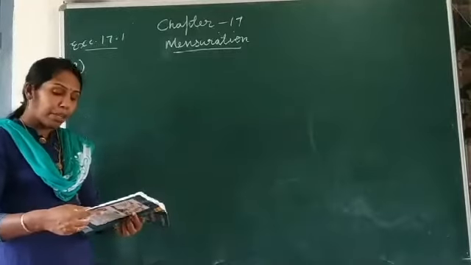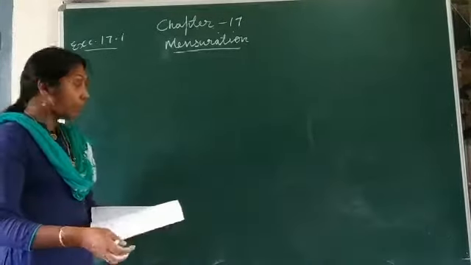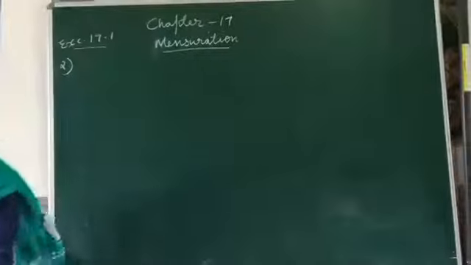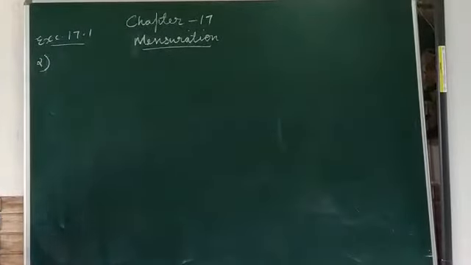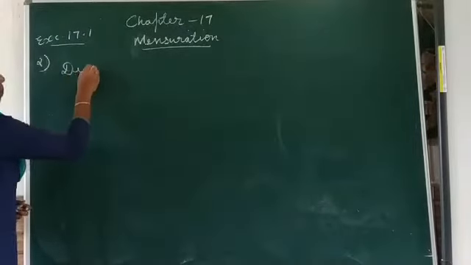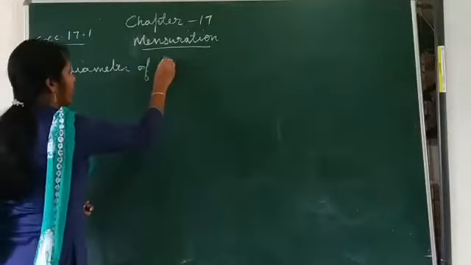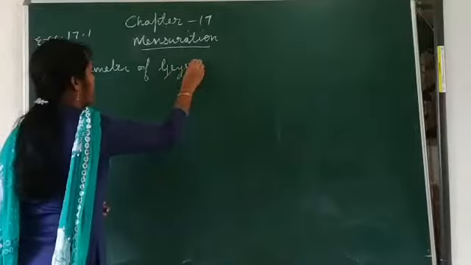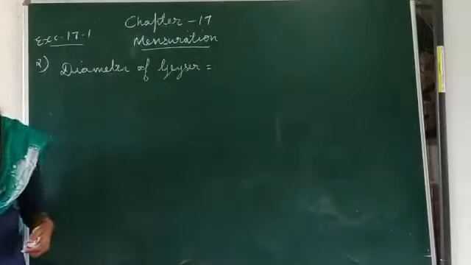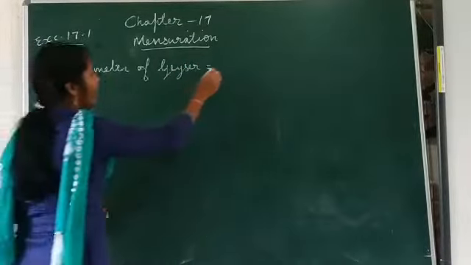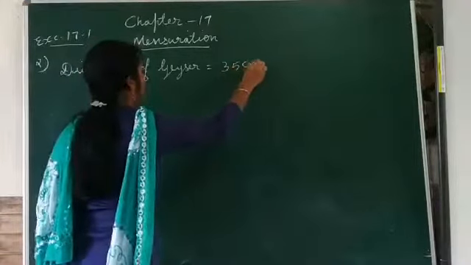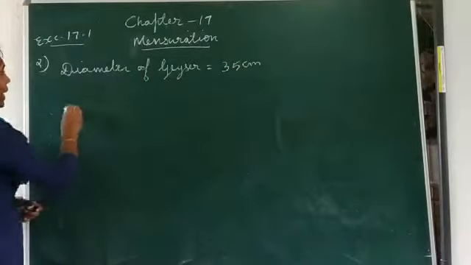So here the diameter of the geyser is given. So let us write: diameter of geyser is equal to 35 centimeter. So from this we can find out the radius.